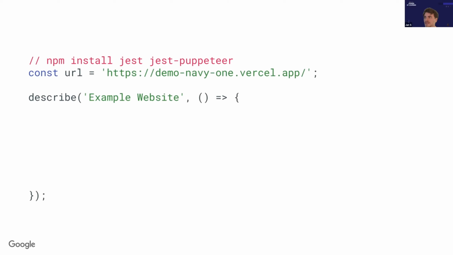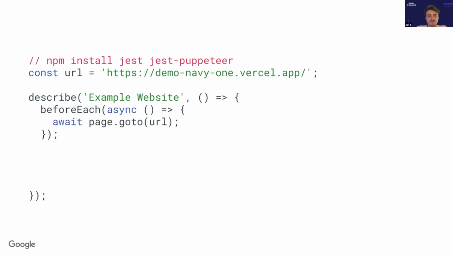With Jest Puppeteer, we already get a running browser instance and a page provided for our test cases, so we can get started right away. In this case, before every test, I want to navigate to the page under test, just to make sure that I get a clean state.